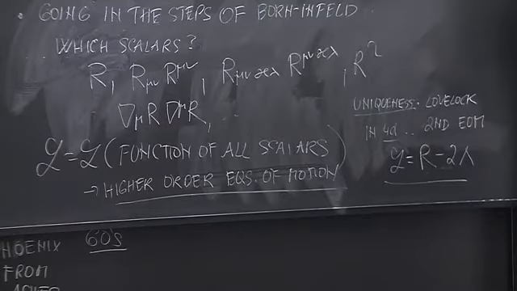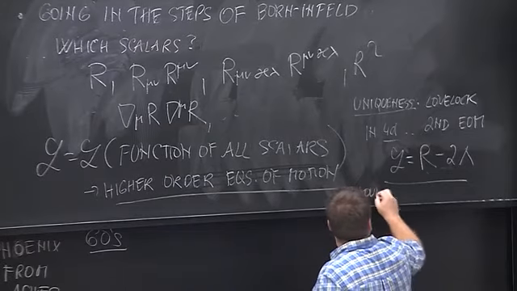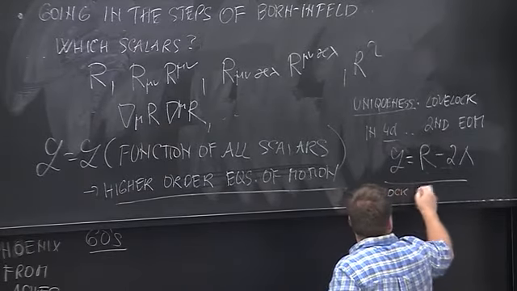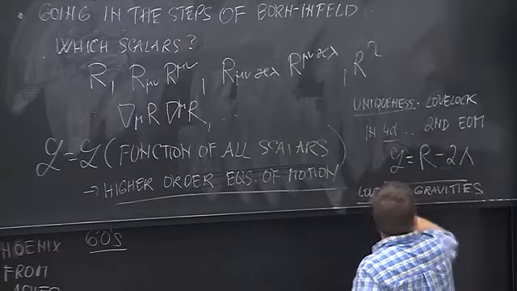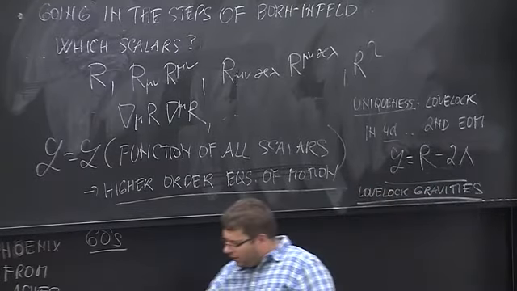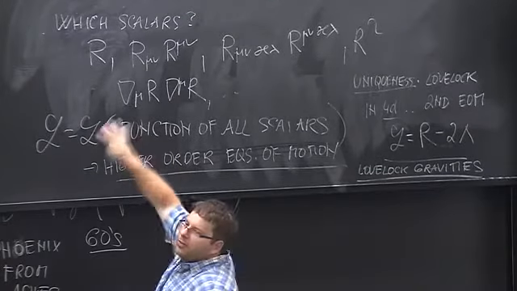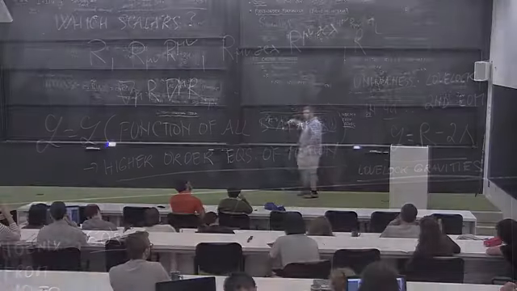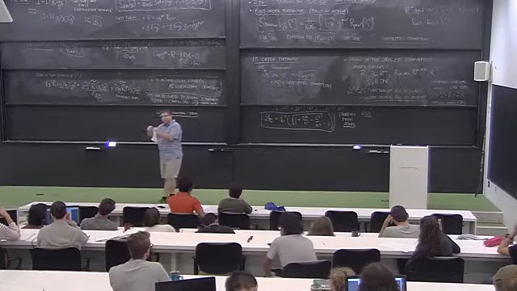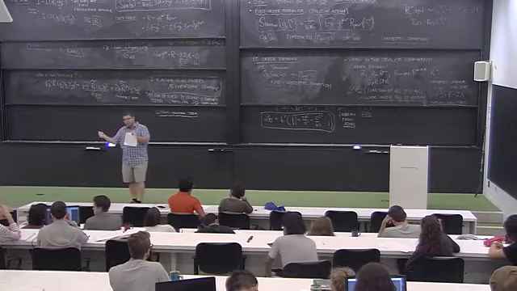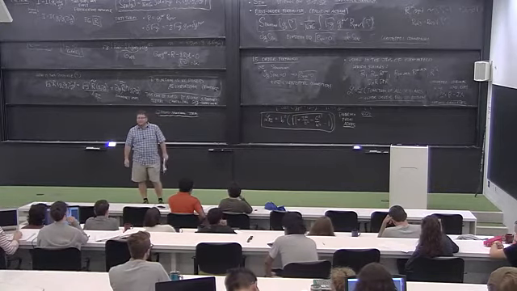So this is in 4D; in higher D, you have Lovelock gravities. All these things have second order differential equations, but you have to be very careful what type of Lagrangian you write down. There is a unique prescription of what you have to do with these scalars to form your Lagrangian density so that it gives you second order differential equations.